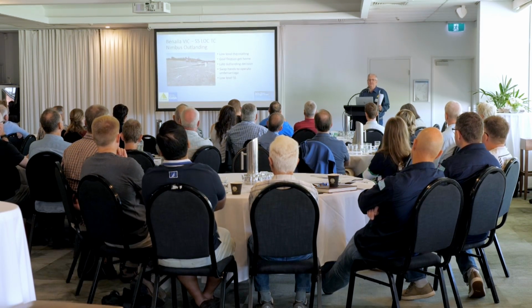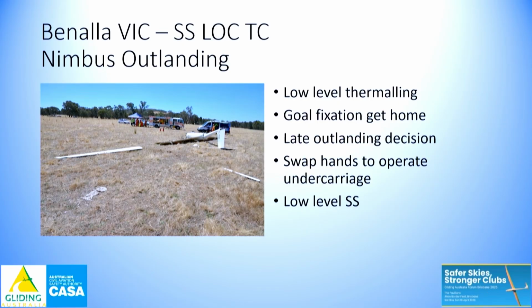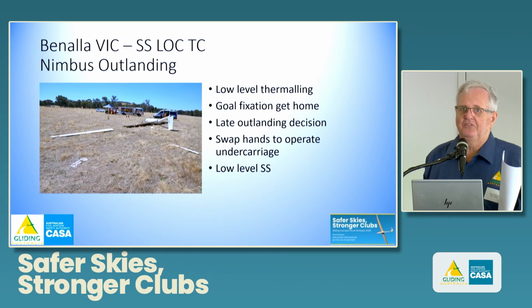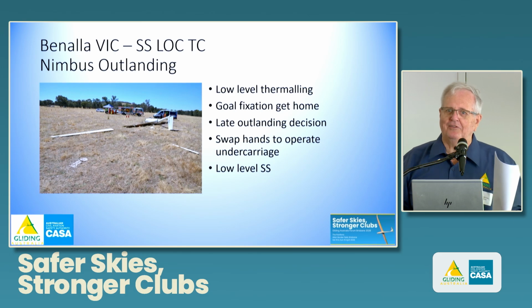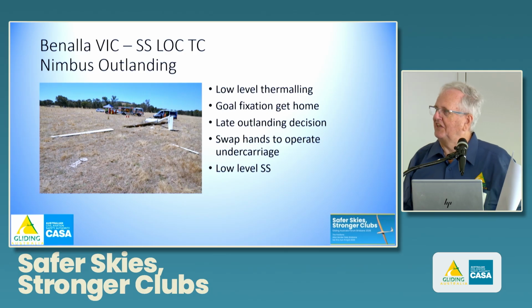Another one that we looked at carefully. We've seen the variations on this theme over the years. There was a fatality with a loss of control and terrain collision, stall spin, out of Benalla with a Nimbus outlanding. Good pilot. Lots of experience. But he was doing his low-level thermaling, and there were definitely human factors driving here and some social pressures to get home.